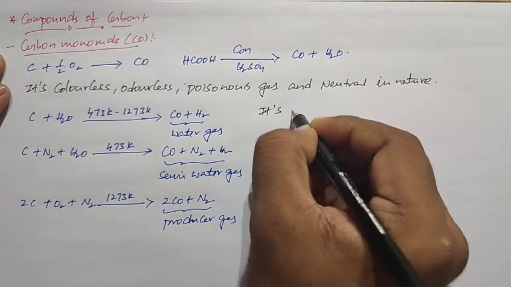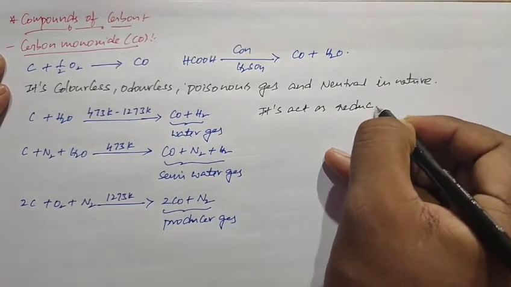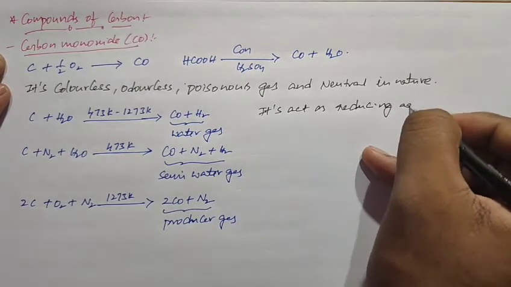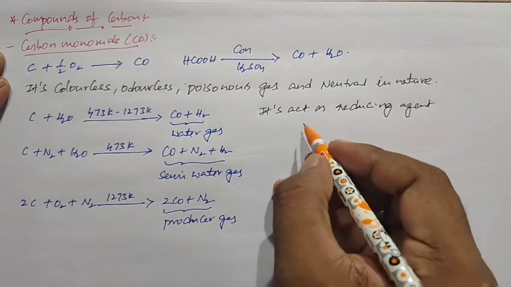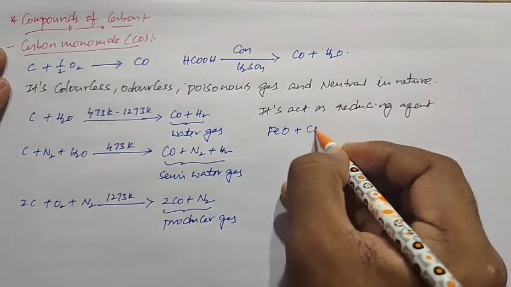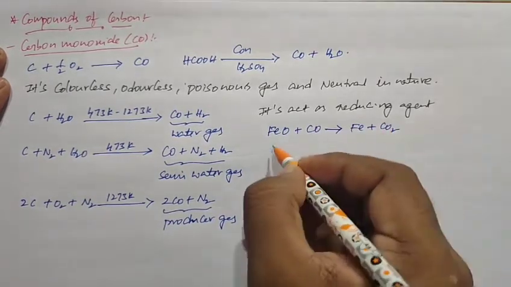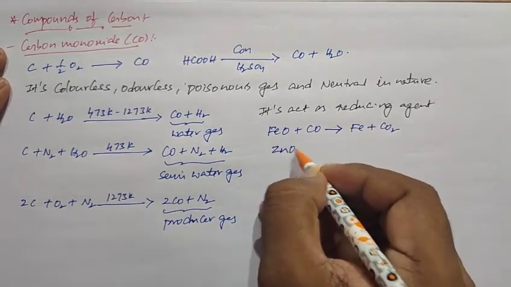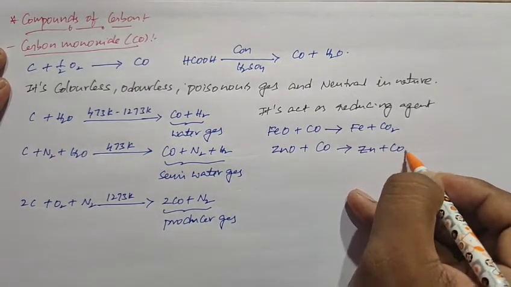It acts as a reducing agent. When ferric oxide reacts with carbon monoxide, it forms iron and carbon dioxide. At the same time, when zinc oxide reacts with carbon monoxide, it forms zinc and carbon dioxide.